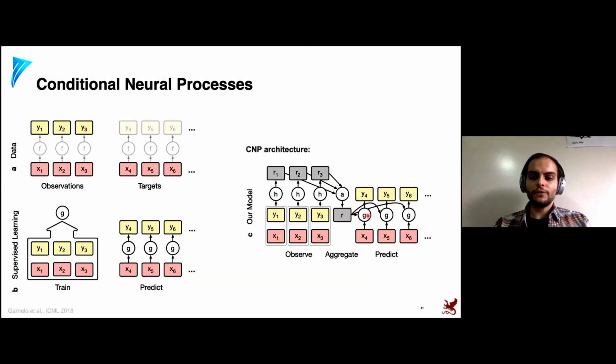Now our g part of the model will condition on this r and make predictions on the target points. This is basically how a Gaussian process works: you condition on some variables, you infer the posterior predictive distribution, in this case approximated by g, and then you make these predictions from x4, x5, x6 to y4, y5, y6.